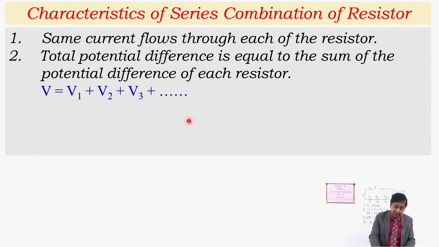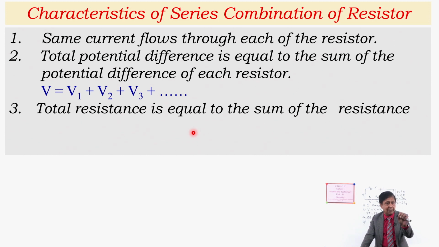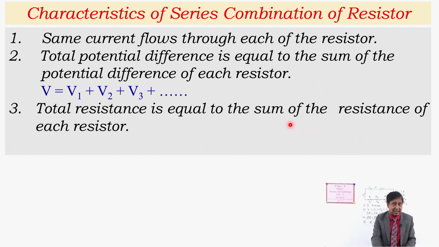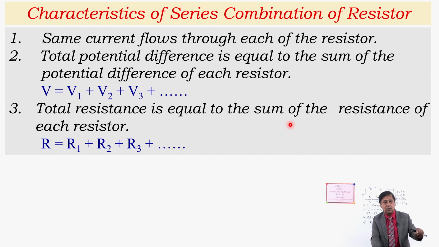Now, third point, total resistance is found to be equal to the sum of the resistance of each resistor. Total resistance is denoted by R. R is found to be equal to R1 plus R2 plus R3. In series combination, we are talking not about the parallel combination, we are talking about the series combination when resistors are connected in series.